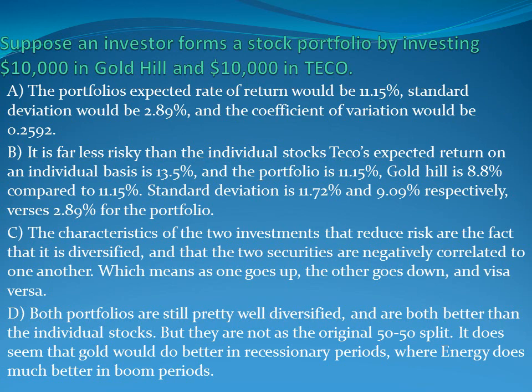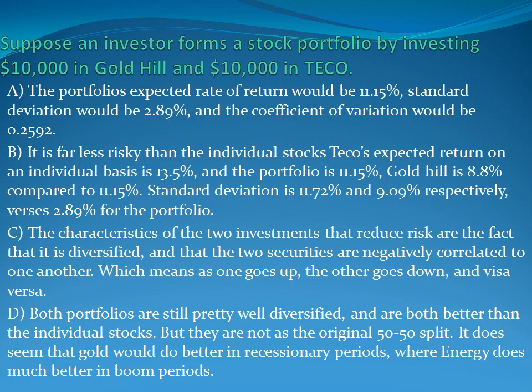Now suppose an investor were to put together a stock portfolio by investing $10,000 in Gold Hill and $10,000 in TICO. The portfolio's expected rate of return would be 11.15%, standard deviation would be 2.89%, and the coefficient of variation would be 0.2592. It would be far less risky than the individual stocks.